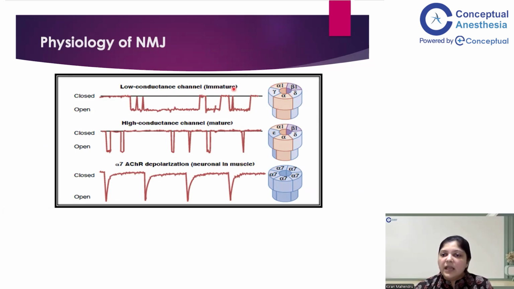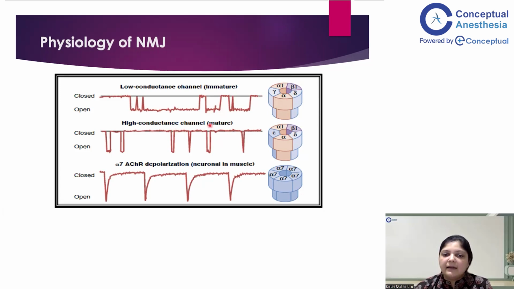Talking about the immature receptors, they are present in the fetus and they are converted to the mature receptors by around 2 years of age. Immature receptors consist of 2 alpha subunits, 1 beta, delta, and gamma. Basically, they are low amplitude receptors, but they remain open for a longer duration of time.